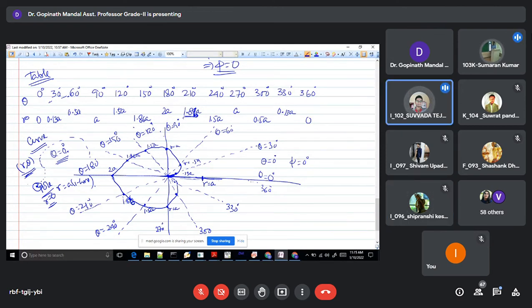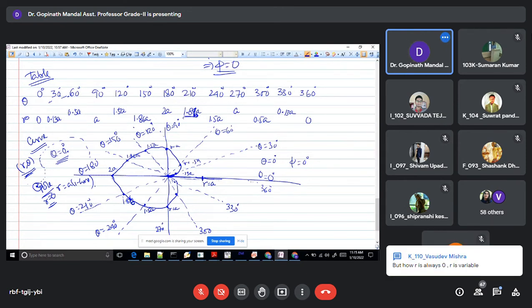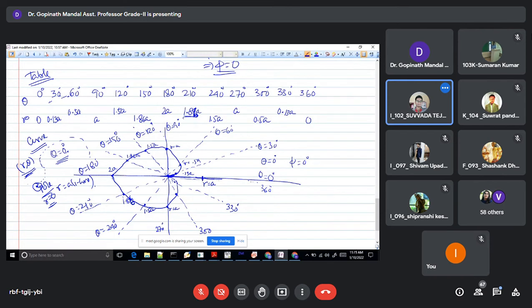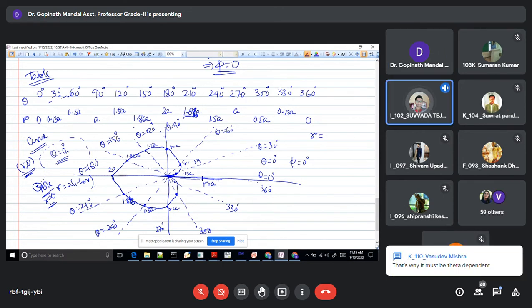But theta should exist. The pole is always dependent on the parametric function. If there exists a theta, then we can say that the curve goes through the pole, or the pole lies on the curve. For example, if you take r equal to a times 2 minus cos theta, then for r equal to 0 there will be no theta.